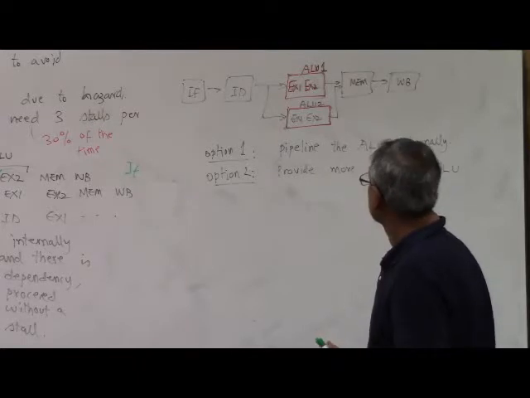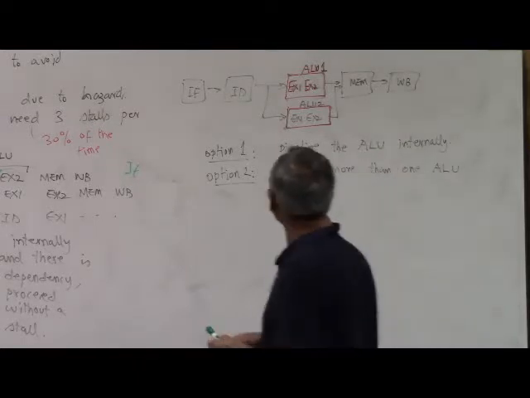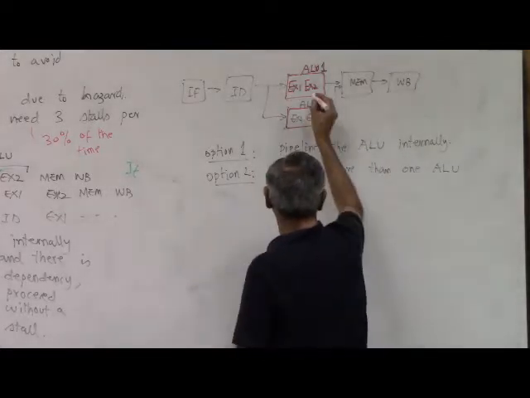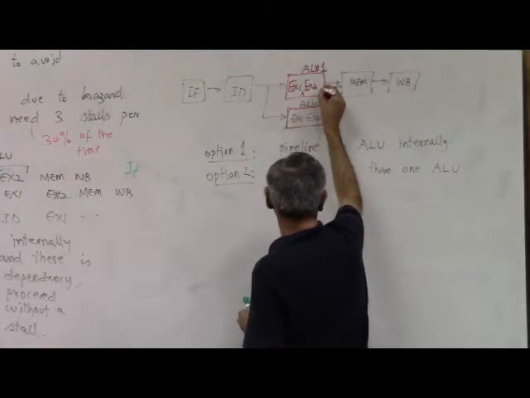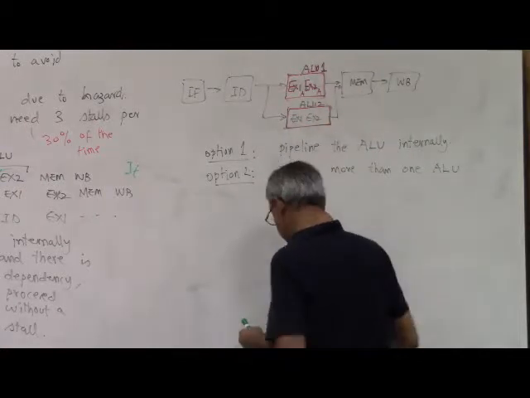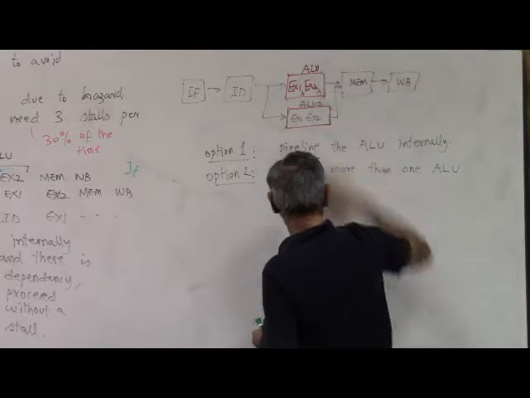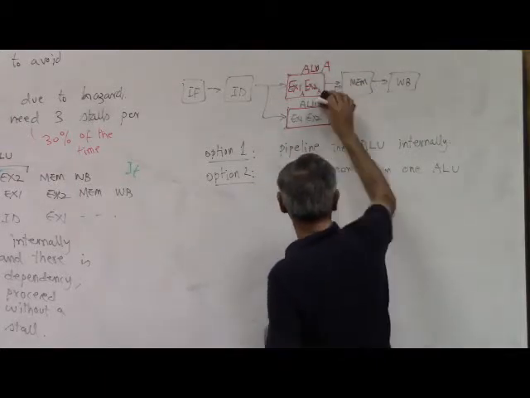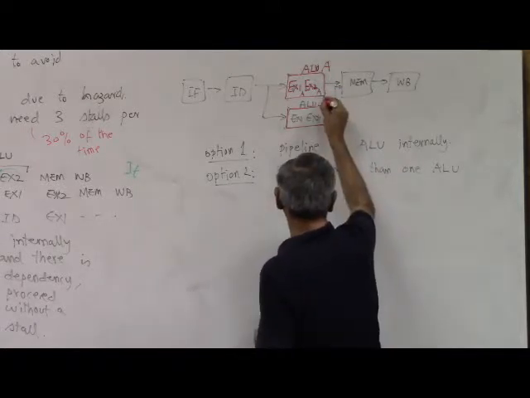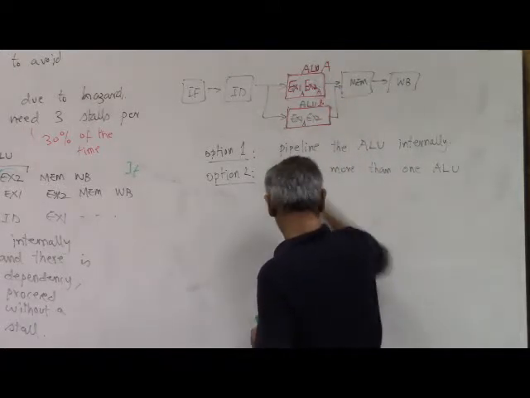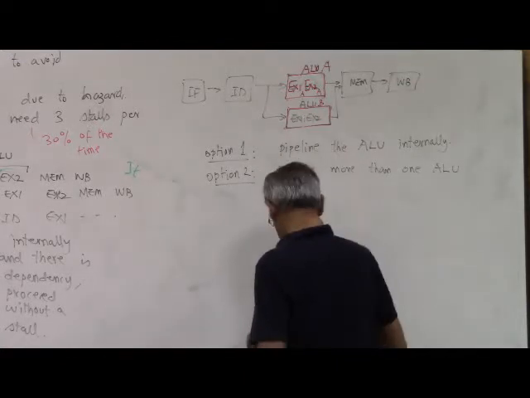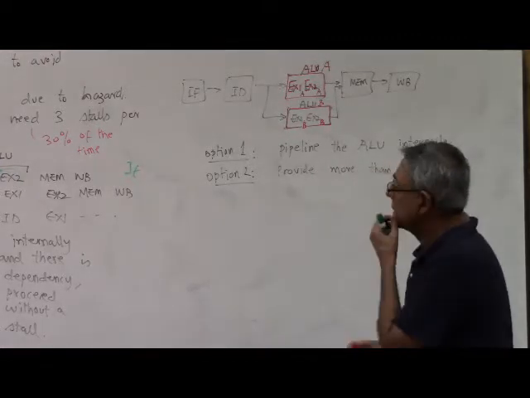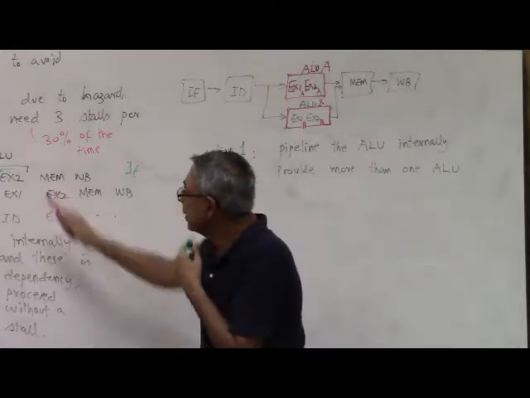Now, so that we can distinguish which ALU is being used, let me call this EX1A and EX2A. So pretend this is ALU-A over here, and this second ALU, let's call it ALU-B. So this is EX1B and EX2B, right?